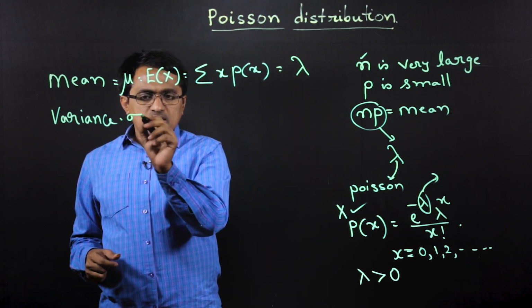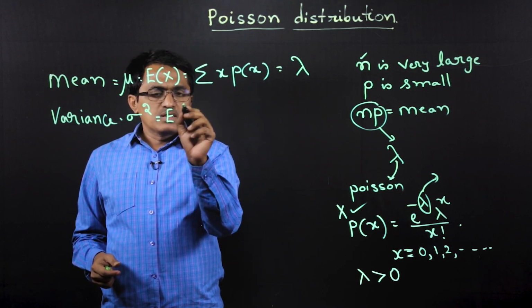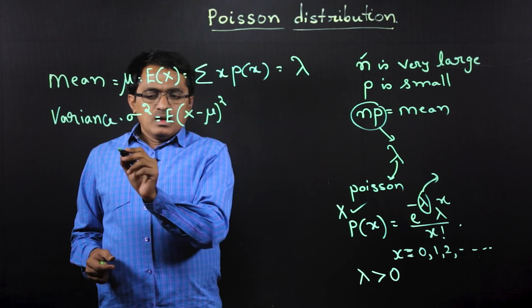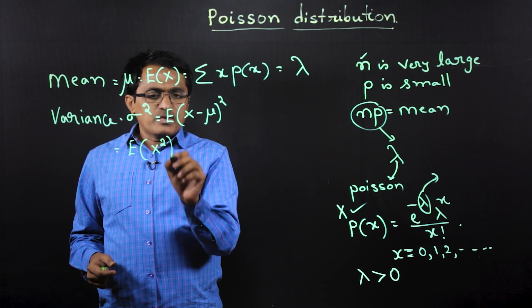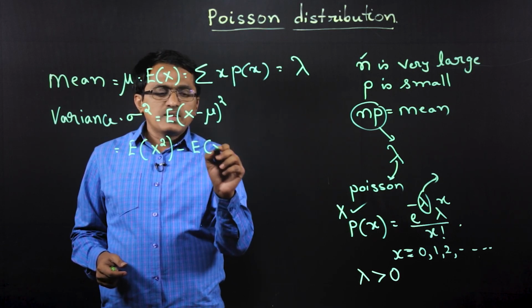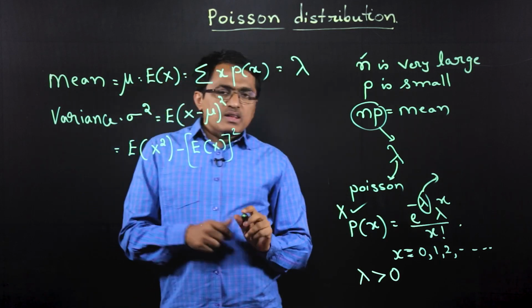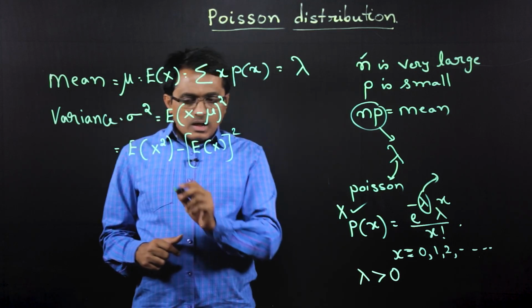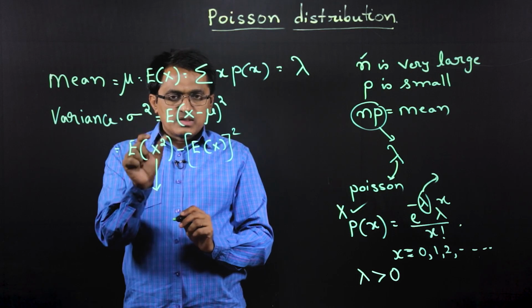Similarly, coming to variance, we know that sigma square is the variance, which is nothing but expectation of x minus mu whole square, and this can be written as expectation of x square minus expectation of x whole square. Now this expectation of x is already familiar, that is the mean of the distribution, which is lambda, and we can calculate the expectation of x square.